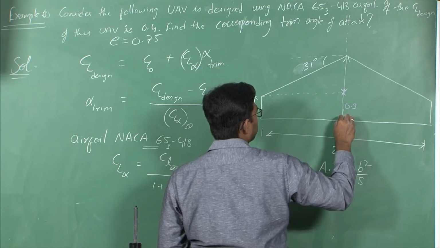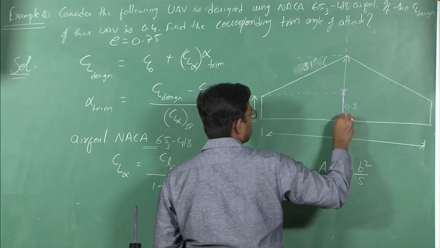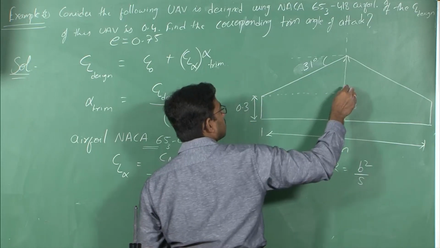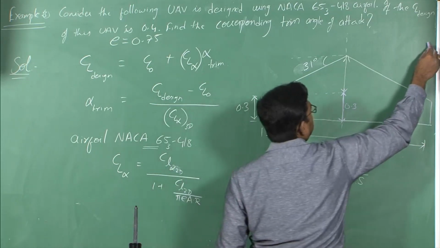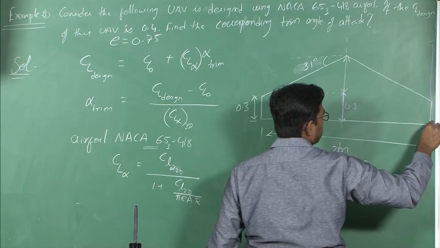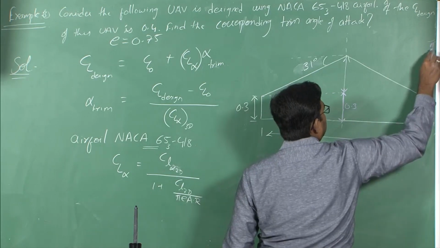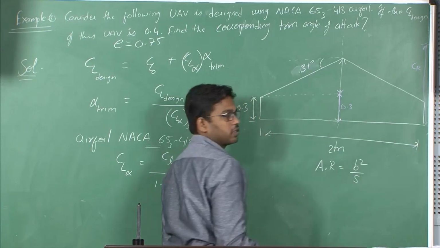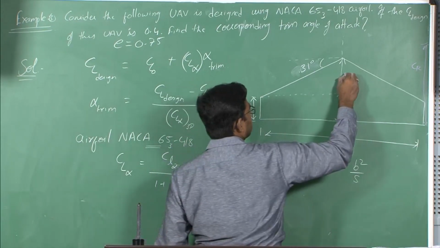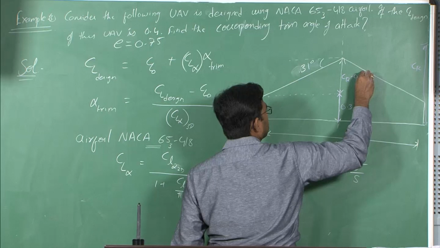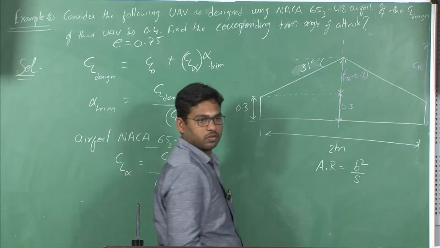Say up to this it is 0.3. Say this entire thing, the entire chord at the root, is CR. So this is like CR minus 0.3.